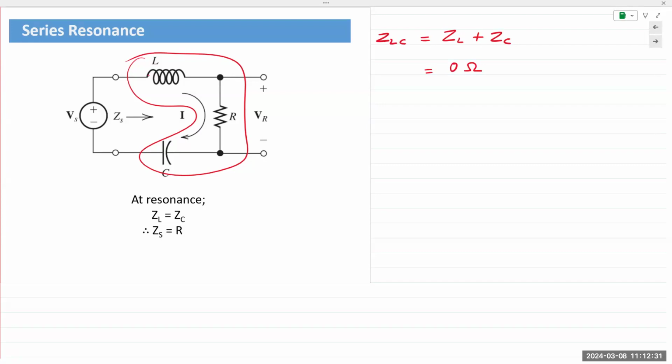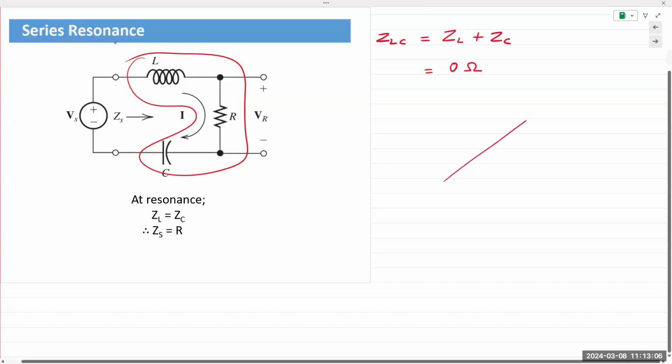You equate them to each other and set F equals F0, basically the same value. 1 over 2 pi FC equals 2 pi FL. And if you add those two together with the frequency F the same, it would turn out to be equal to 0. Now, to be clear, the magnitudes are the same, so if you just add the magnitudes, it will be twice as much. But the phase angles are exactly opposite.